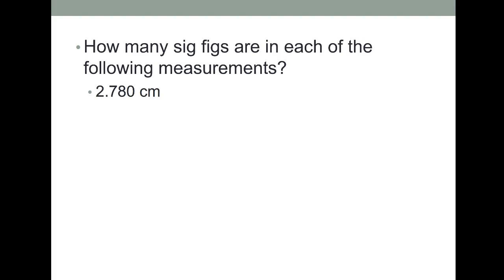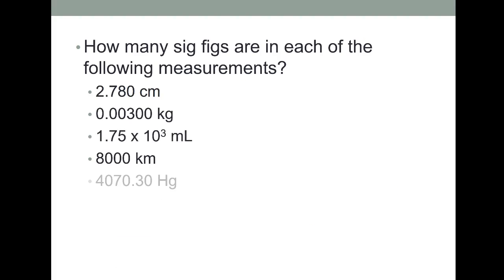So I'm going to go through, and each one of these I'm going to identify how many sig figs they have. So for the first one, those 3 non-zero digits count. This 0 is a trailing 0, and there's a decimal point, so I see 4 sig figs.